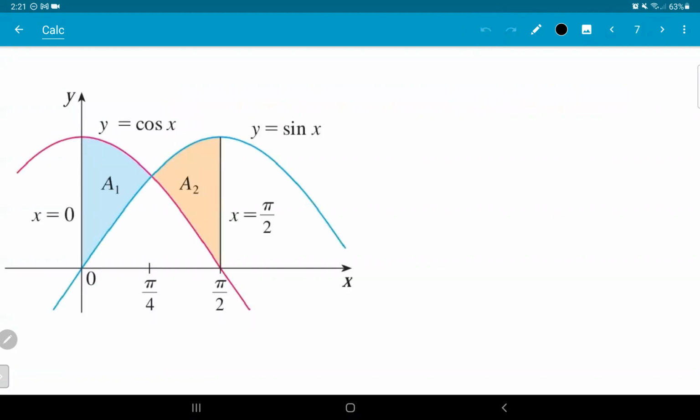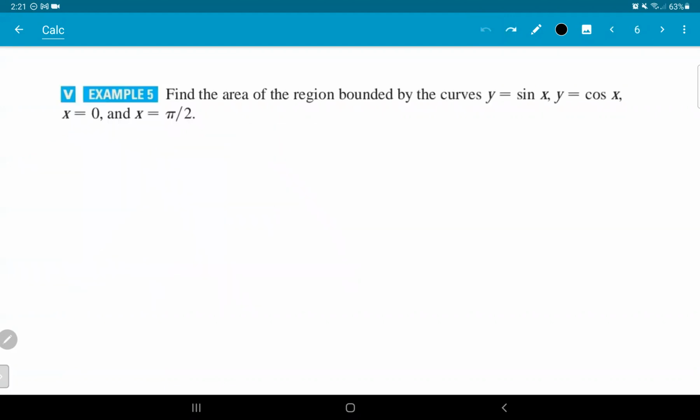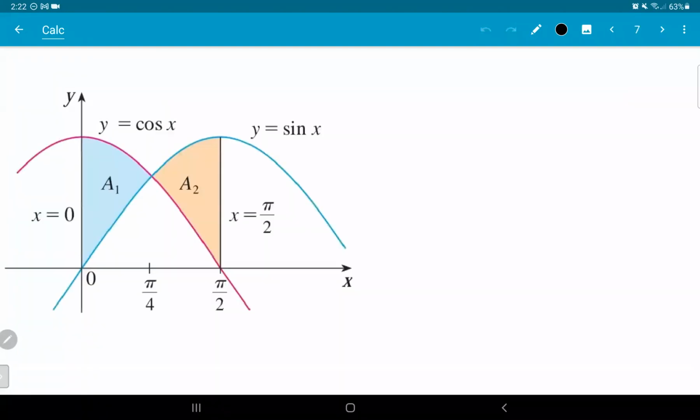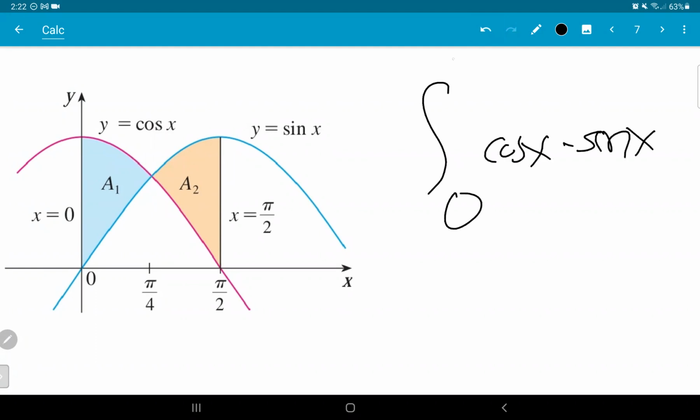So you see that since you're given the boundaries x equals 0 and x equals pi over 2, from 0 to pi over 2 you see that there are two regions, A1 and A2 in the figure, so that you cannot just set up cosine x minus sine x from 0 to pi over 2 already.